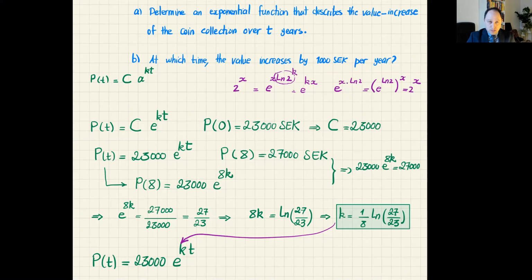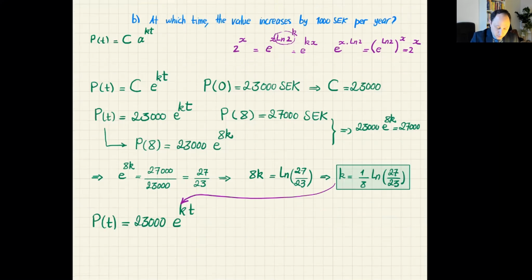I want you to understand that this is related to the derivative because it is related to the rate of change of something. Okay, we are interested at a time at which the value increases. This is the rate of change of the price by 1,000 crowns per year.